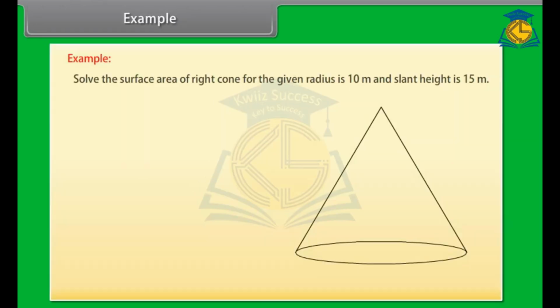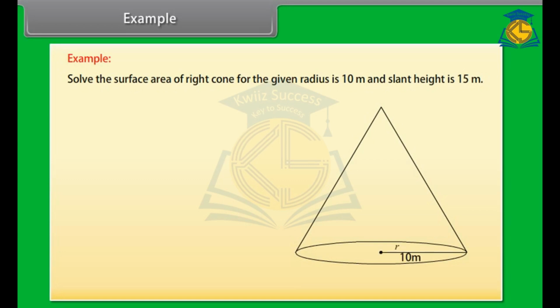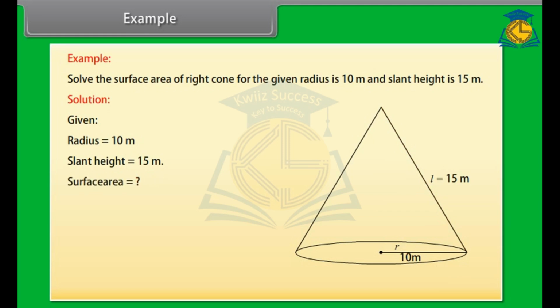Example: solve the surface area of a right circular cone for the given radius of 10 meter and slant height of 15 meter. Solution: radius and slant height, which are 10 and 15 meter respectively, have been given. We have to find the surface area. We know that surface area of a right circular cone is equal to pi r into (L plus r).